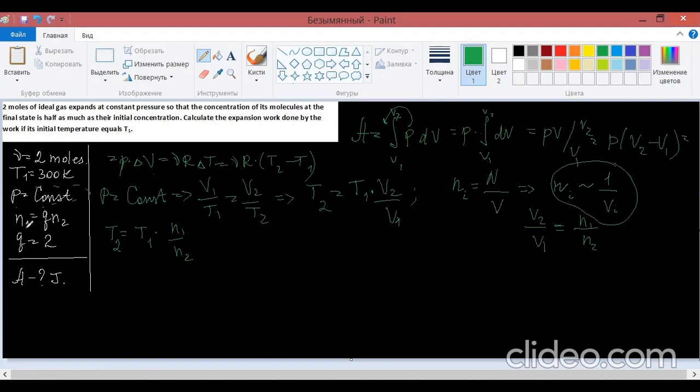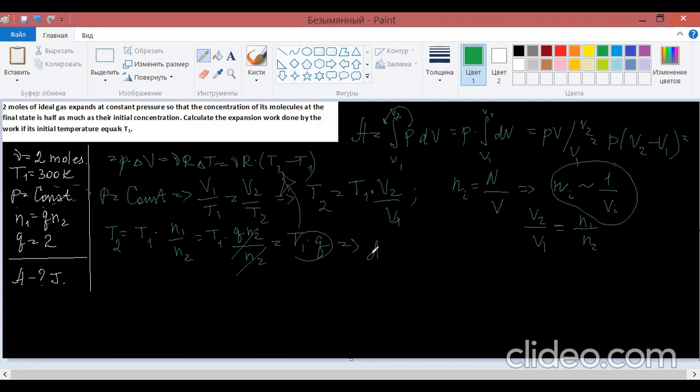But we know that n1 is equal to q times n2, where q is the coefficient, which is equal to 2. So we can write that it's equal to T1 times q n2 over n2. After simplification, finally we've got T1 times q, right? And we can plug this into this formula.